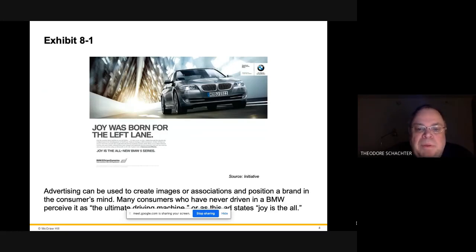So for BMW, it's about performance. All right, so that's everything we show in a BMW ad: how the car performs from a racing point of view. Other car companies, like let's say Mercedes, may deal with luxury, and Audi deals with technology.